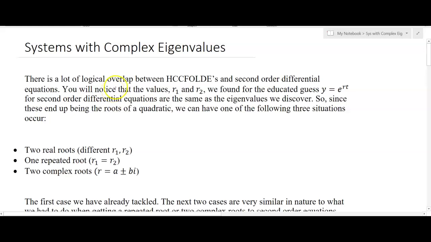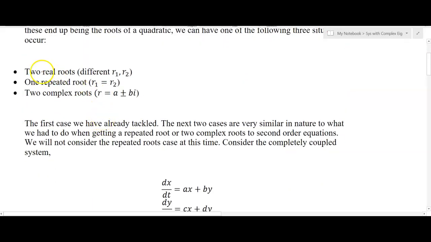One of the things we'll notice is that when we are finding these eigenvalues, they correspond to the roots that we would find in our guesses, e to the rt, for second-order differential equations. The cases we've considered are where we would have two real roots, one repeated root, and two complex roots.